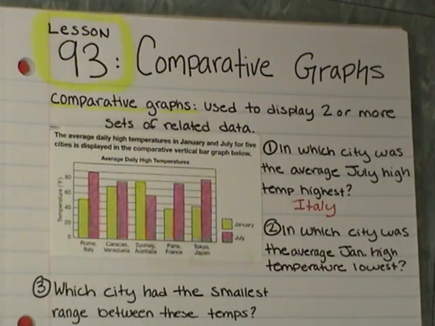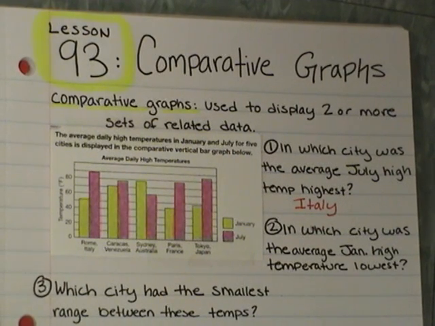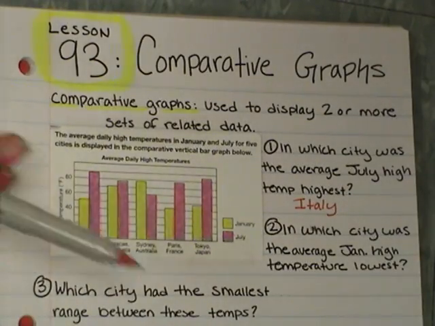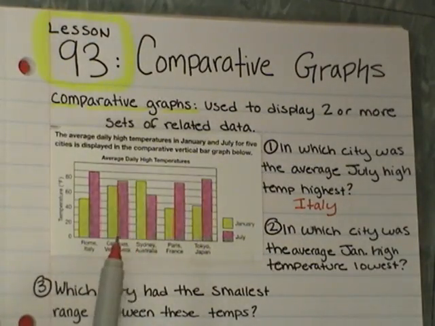All right, and now I'm going to do the second question, and it says, in which city was the average January, so now we're dealing with my yellow color or your light color, the high temperature the lowest? So we're looking for the yellow or the light color, which is the lowest. So again, you can even take a ruler and stick it across, and you can be able to tell.